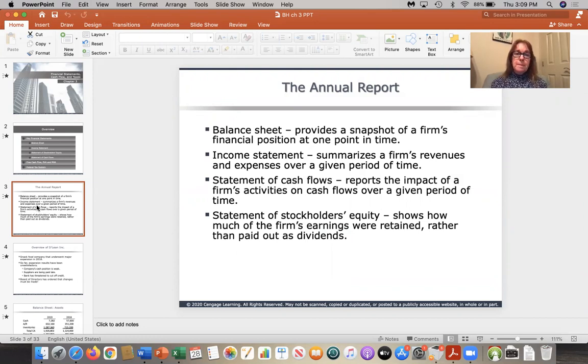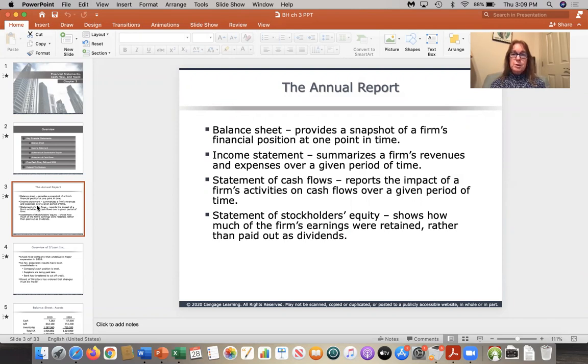A balance sheet. A balance sheet tells us what the company owns on the left-hand side, and then what they owe on the right-hand side. If you take what they own on the left-hand side, that's going to equal what they owe on the right-hand side. And remember, on the right-hand side is liabilities, what they owe, plus the stockholders' equity.